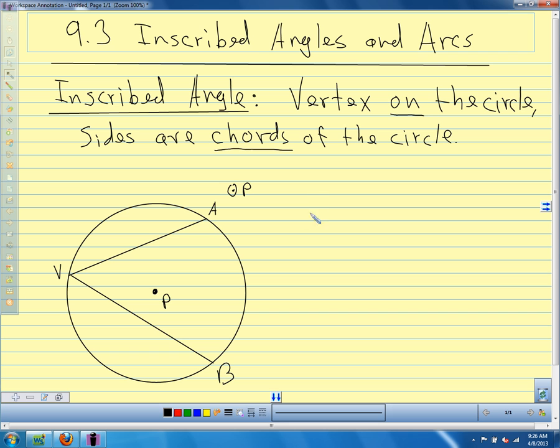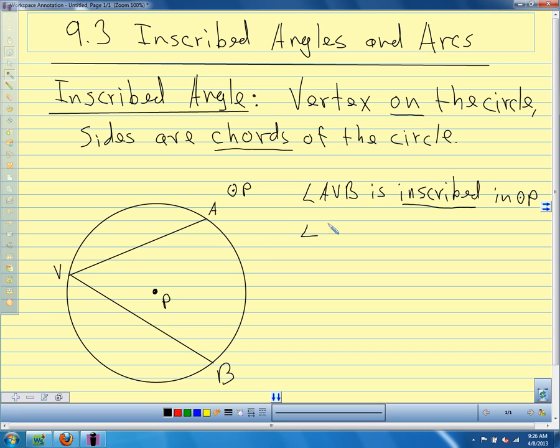So we say that angle AVB is inscribed in circle P. Inscribed just means written inside. So it's inscribed in circle P.